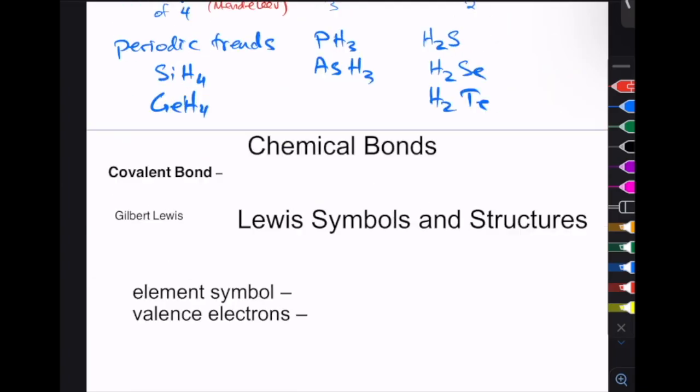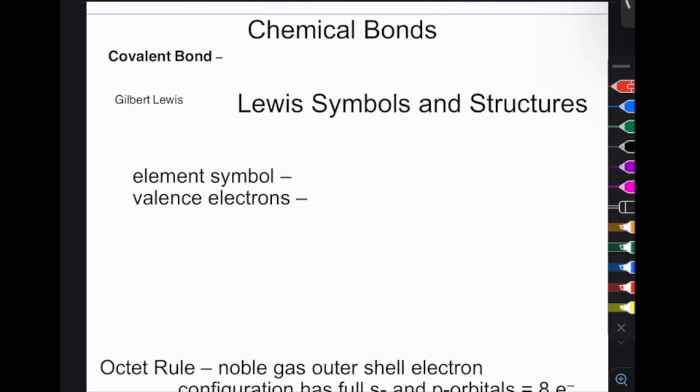And there is a model system from Gilbert Lewis, which does a really, really good job of modeling covalent bonding in compounds in a way that you can start with a compound and figure out what its overall connectivity is going to be, where the bonds are going to be, and then later on we're going to use that to come up with what the overall shape of these molecules are.